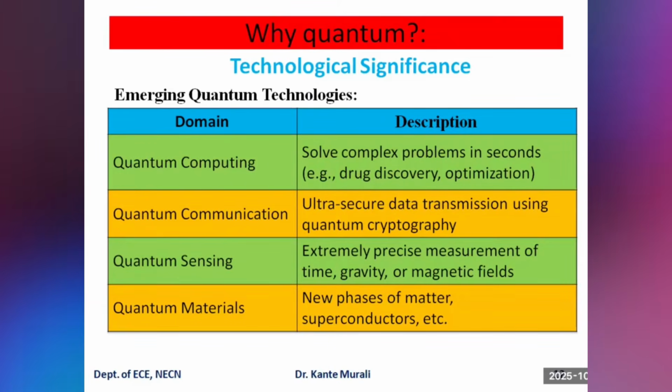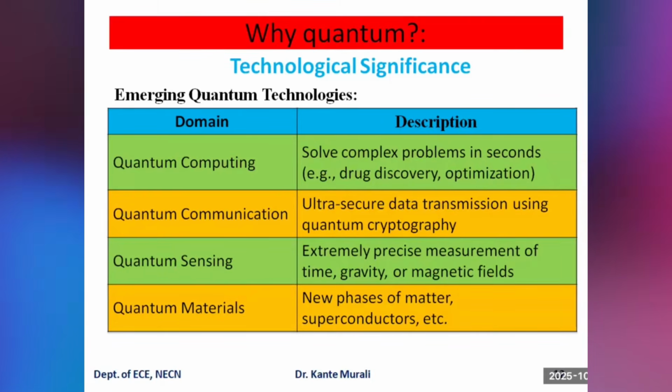Let us see quantum computers, where you use qubits instead of bits. As far as applications are concerned, they are used to solve complex problems in seconds. For example, Google's 53 qubit system performed a task in 200 seconds that would take a classical supercomputer 10,000 years. Just imagine the beauty of quantum computing and the need to study it.